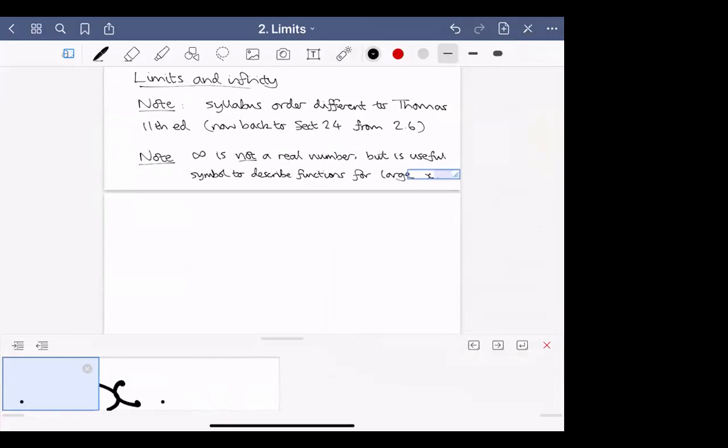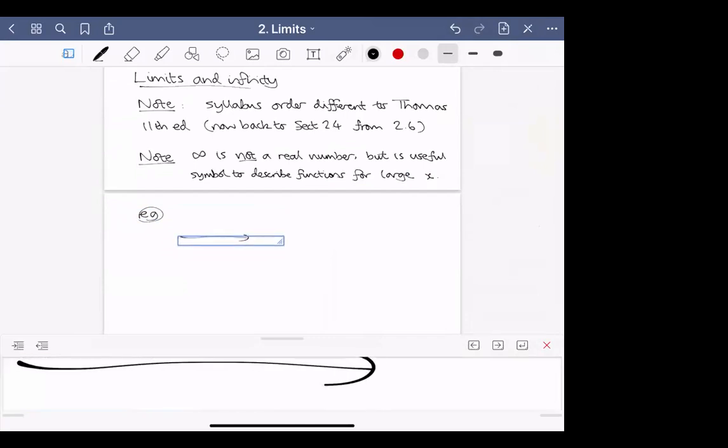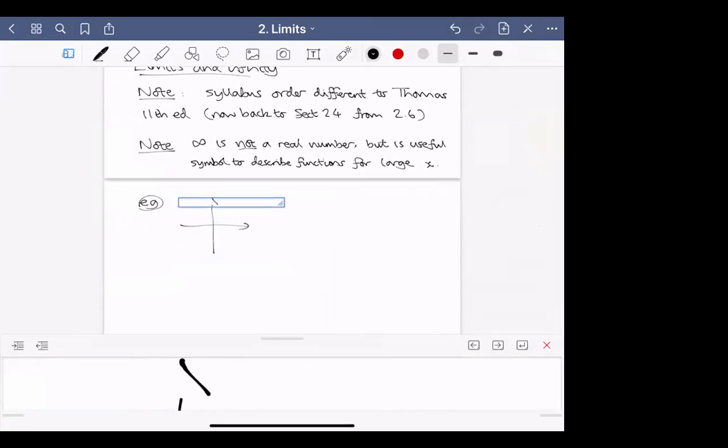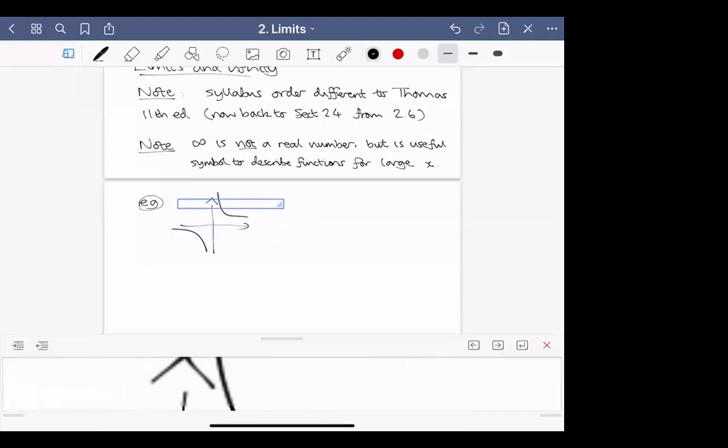Okay, so let's give an example. Again, I'm going to say what I want the limit to be, and then I'll give a definition that matches with that. Let's take the function y equals 1 over x.